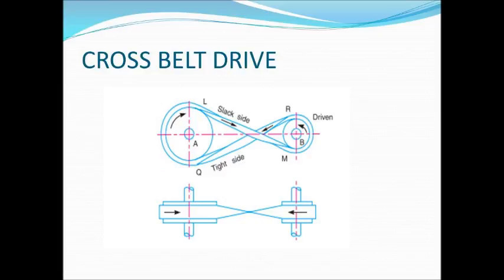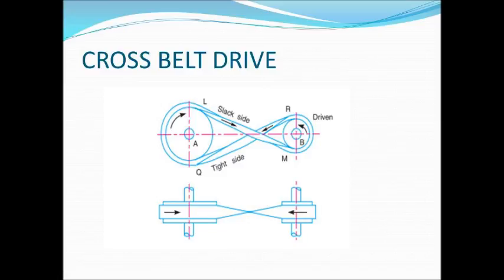Now we have the cross belt drive. As you can see, this is the driver while the other side is the driven. The top is always the slack side and the down is the tight side. As we can see, if the driver is going clockwise, the driven is going in the anti-clockwise direction.